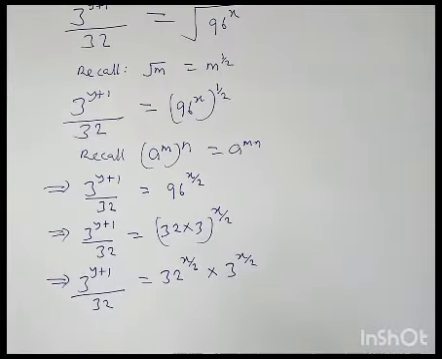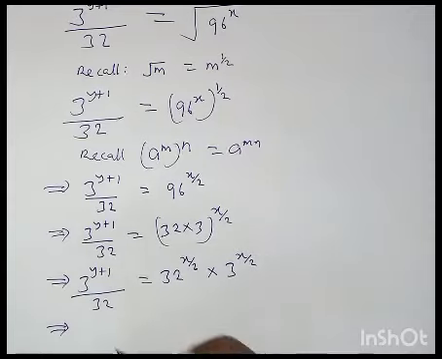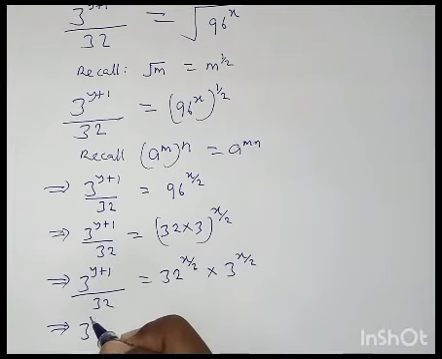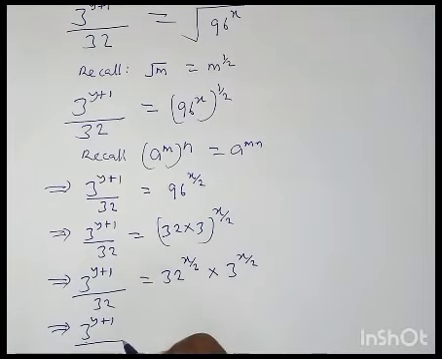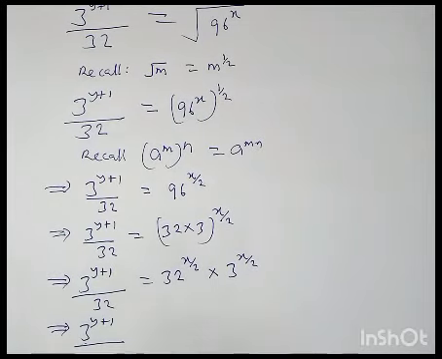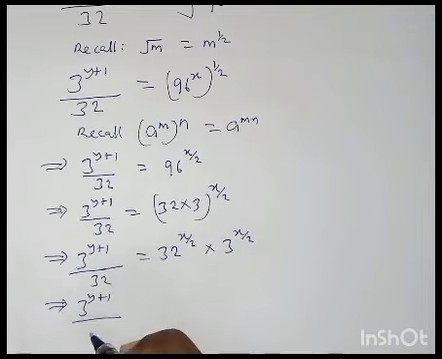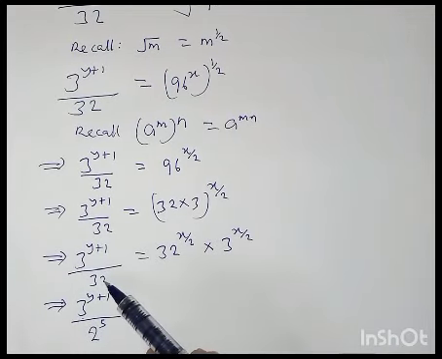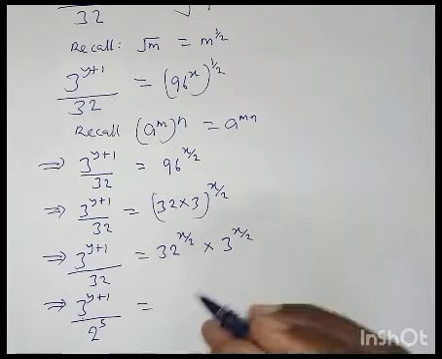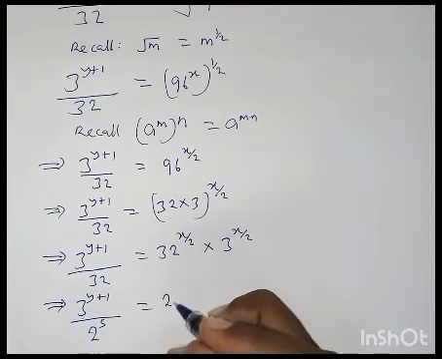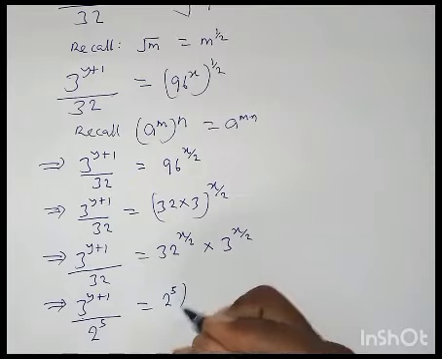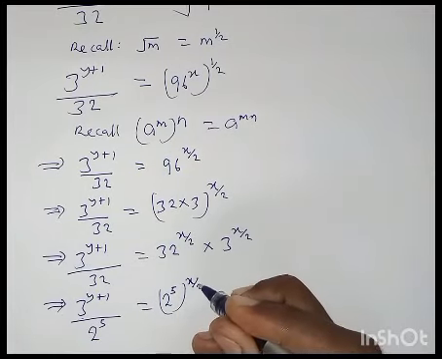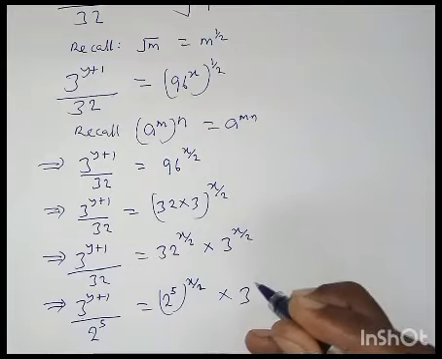This is the same thing as 3^(y+1) over 32, and 32 is the same thing as 2^5, because 2^5 gives us 32. So it equals 32, which is also 2^5, to the power x over 2.